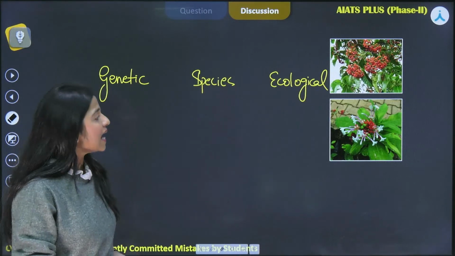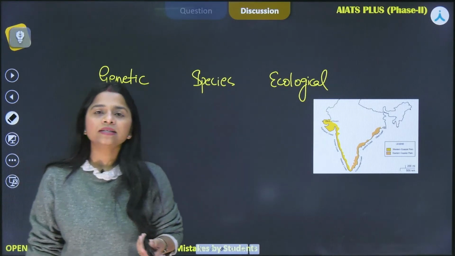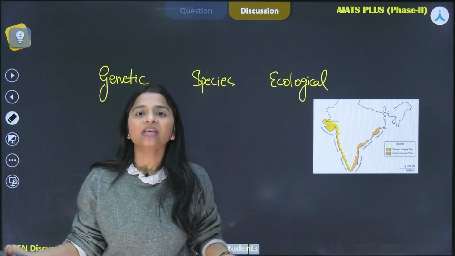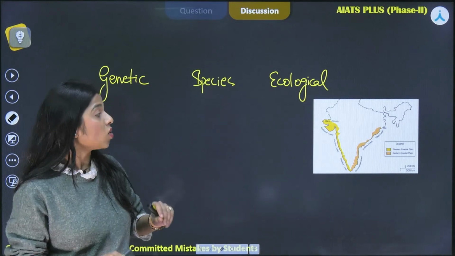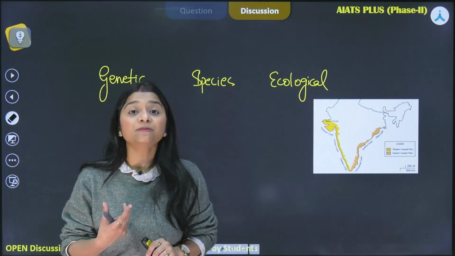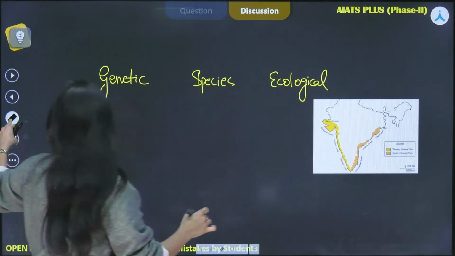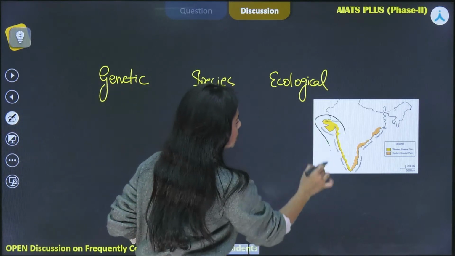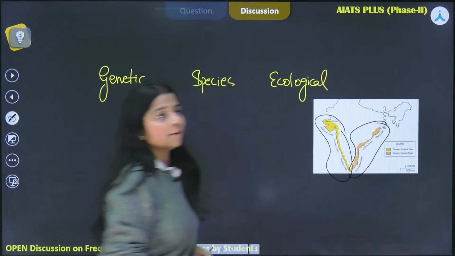Okay, and the last one is the ecological diversity. What do we understand by this? When there is diversity of ecosystem. Okay, the example that has been given in your NCERT is of Western Ghats and Eastern Ghats, the number of amphibian species. This region is the Western Ghats of India, this one is the Eastern Ghats of India, right?